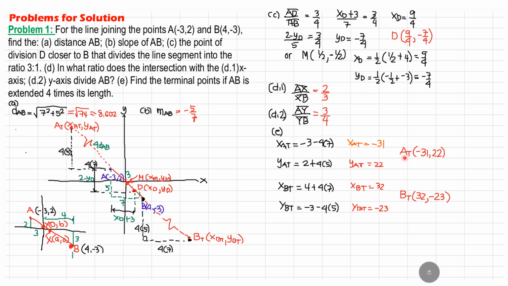Therefore, the terminal point when extended in that direction is A sub D at negative 31, 22, while for the terminal point of B in this direction, we have x B sub D, 4, then going to the right, 4 plus 4 times 7 is 32, while y B sub D is negative 3, and because this is in the downward direction, negative 3 minus 4 times 5 is negative 23. So the terminal point B sub D is at 32 comma negative 23.